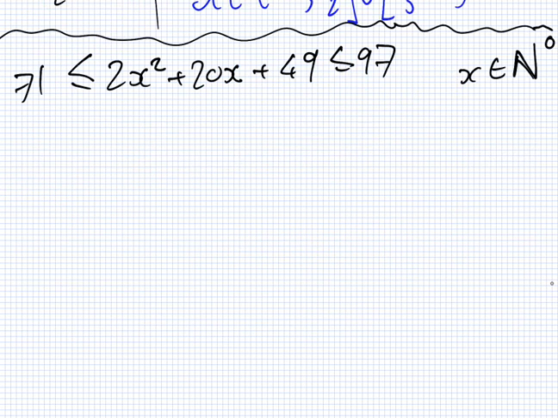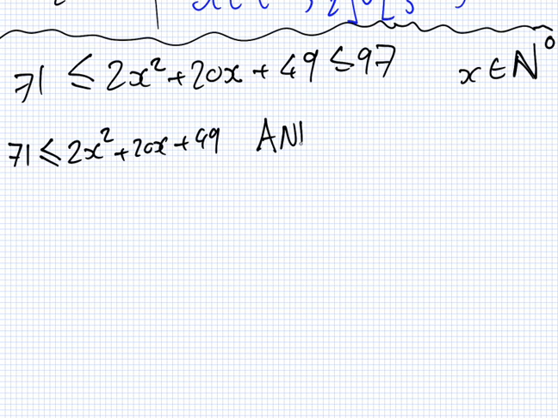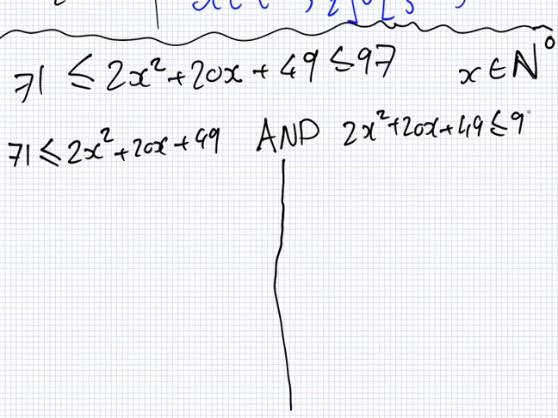Okay, so on the left we have 71 is smaller than 2x squared plus 20x plus 49, and 2x squared plus 20x plus 49 is smaller than 97. So here I get 2x squared plus 20x, and then 49 minus 71.